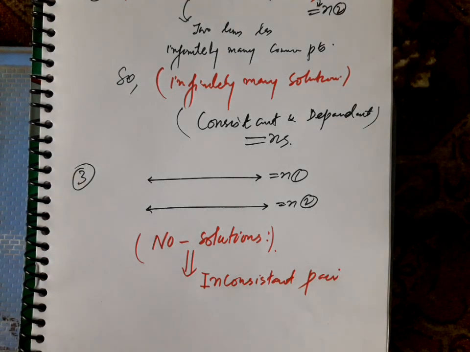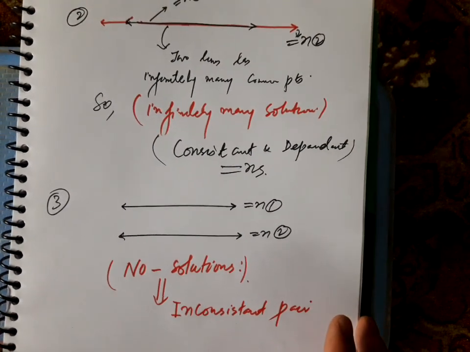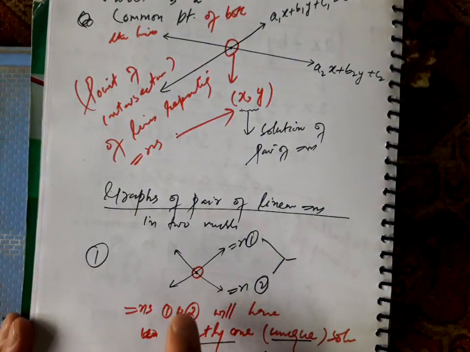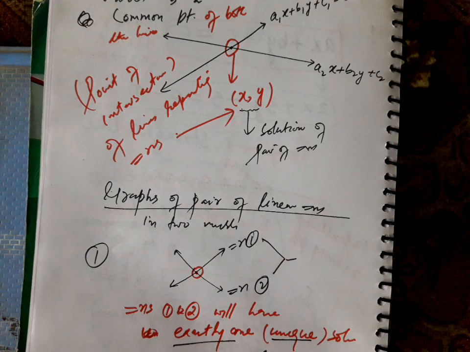So when we draw the graphs of two equations together, that is a simultaneous pair, we can come across three cases. Either the graphs will meet at a point, then the equations will have only a unique solution and are said to be consistent.